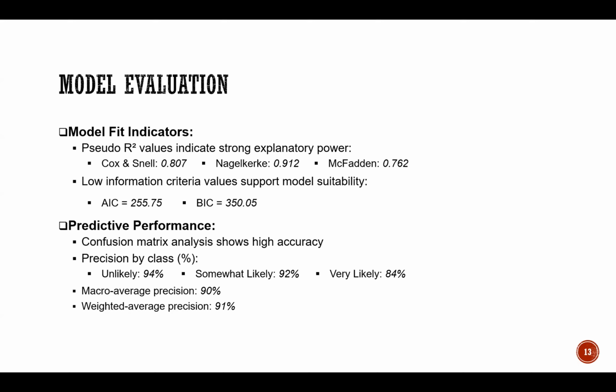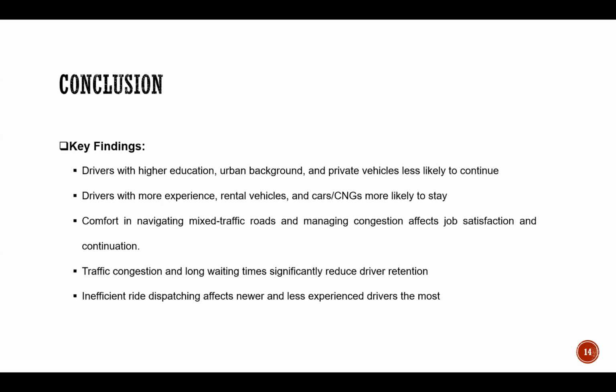In terms of predictive performance, we conducted a confusion matrix analysis, which revealed a high level of classification accuracy across categories, which is over 80%. Looking at precision by class, we achieved almost the same results, a macro average precision of 90% and a weighted average precision of 91%. These results indicate a balanced classification performance across all three categories with no substantial bias towards any single class.